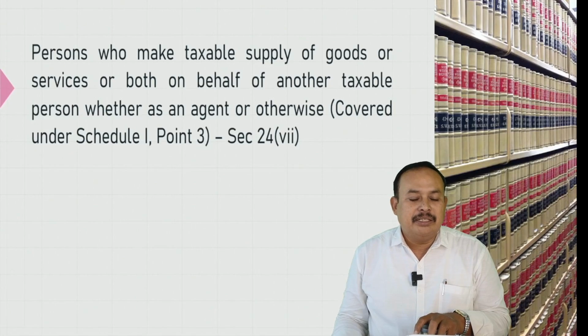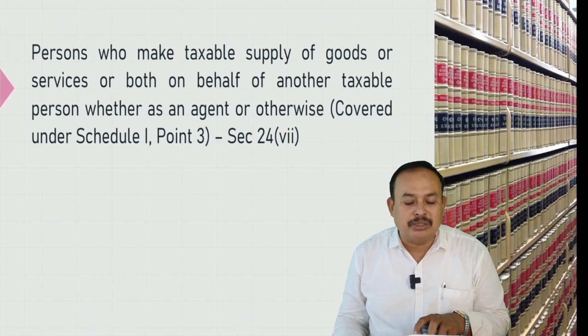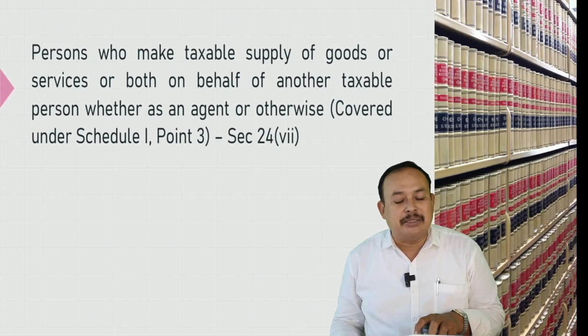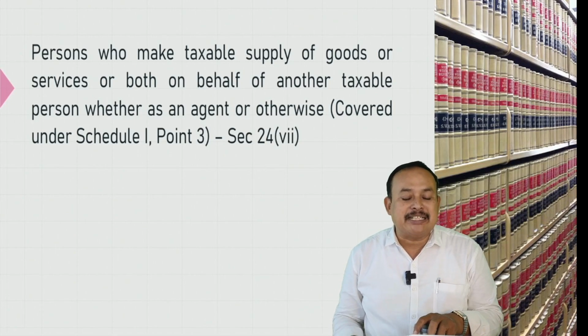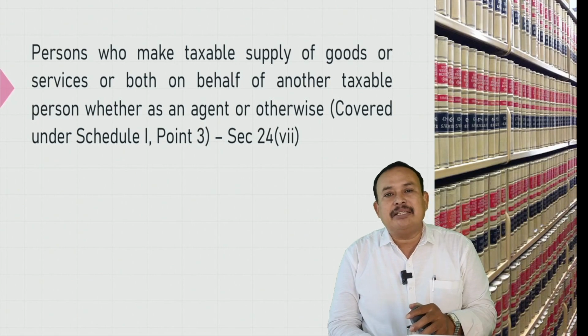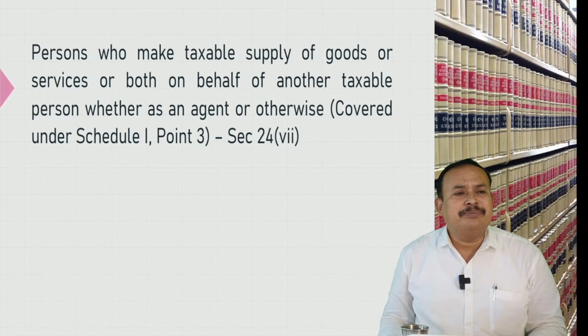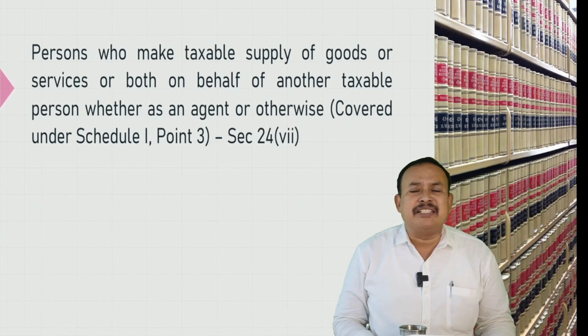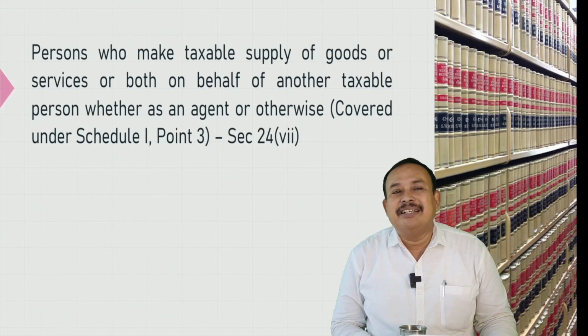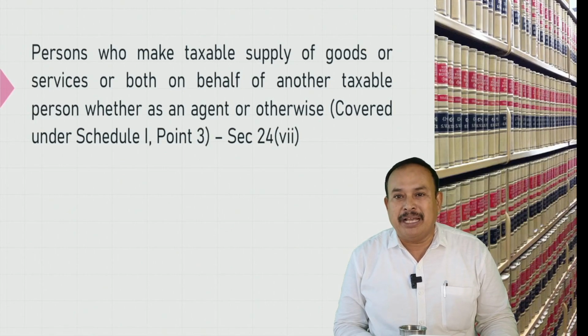A person who makes taxable supply of goods, or both, on behalf of another taxable person, whether as an agent or not. Sir, what is this? Have you covered Schedule 1? Schedule 1 of CGST talks about what? Supply even without consideration is a deemed supply.